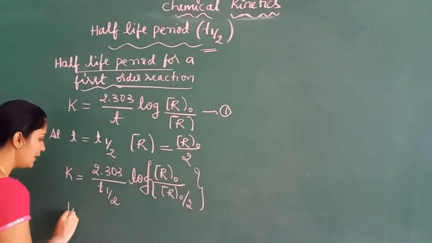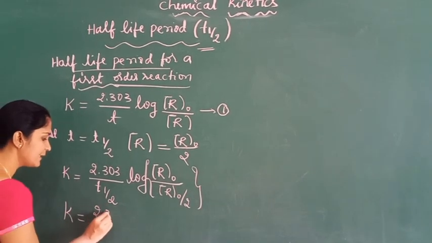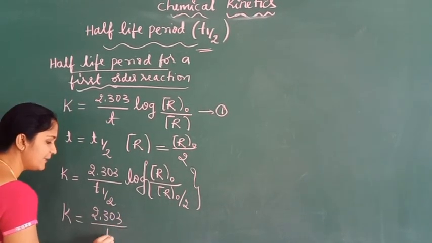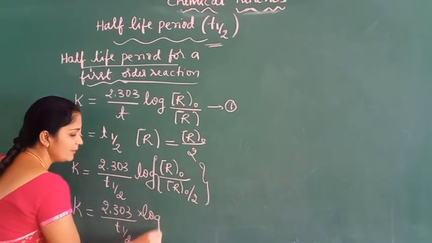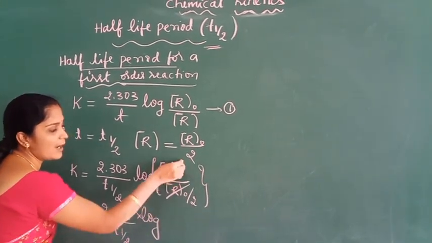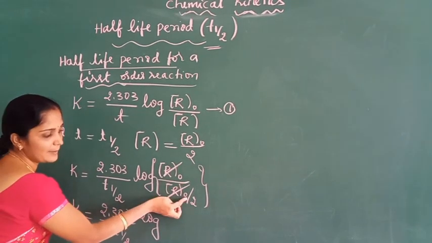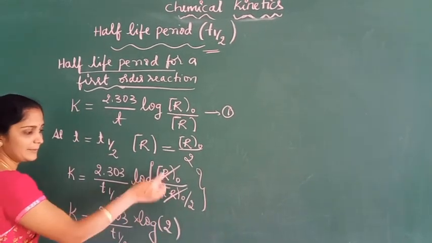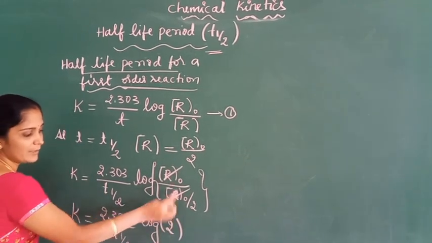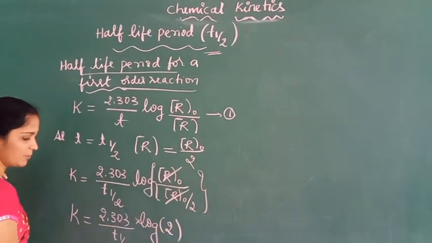So K equals 2.303 divided by t half into log of, here R naught will cancel, so 1 by 2 becomes 2. So on simplification we get log 2.